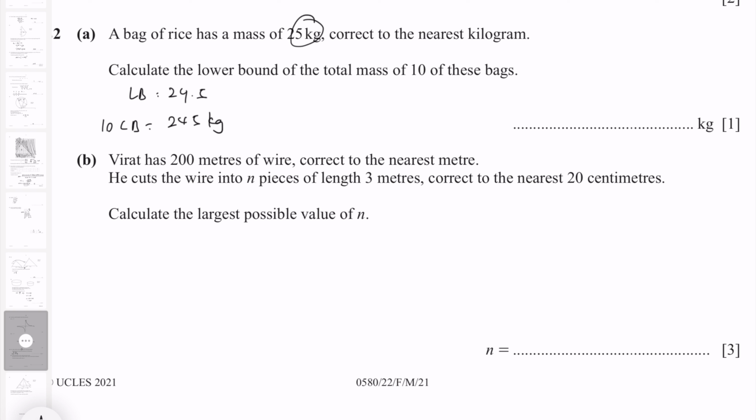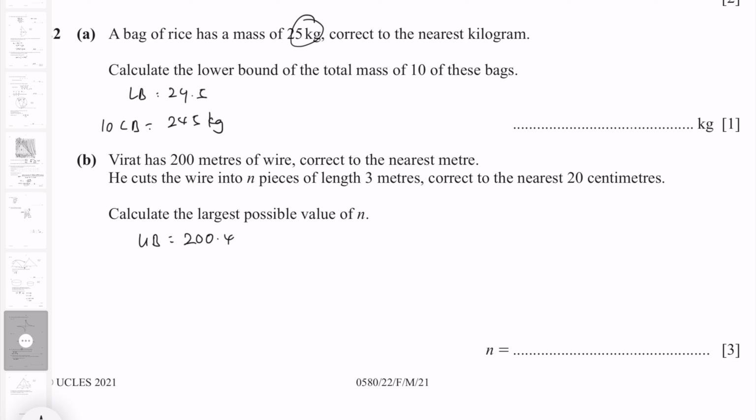Virat has 200 meters of wire, correct to the nearest meter. He cuts the wire into n pieces. I want the largest possible value, so let's find the upper bound. Upper bound is 200.4. Because when I round off, I get 200. This is the upper bound.